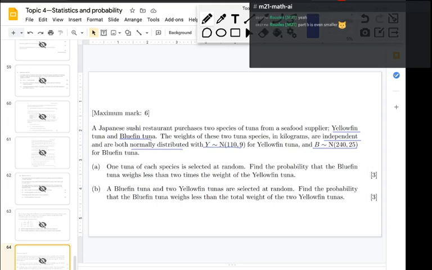What is the probability that the weight of the bluefin is less than 2 times the weight of the yellowfin?